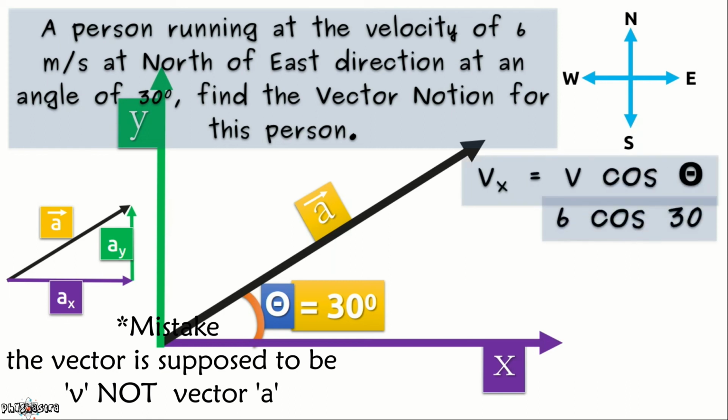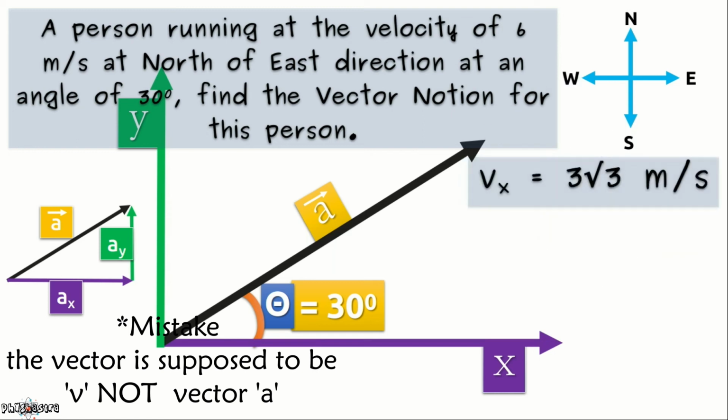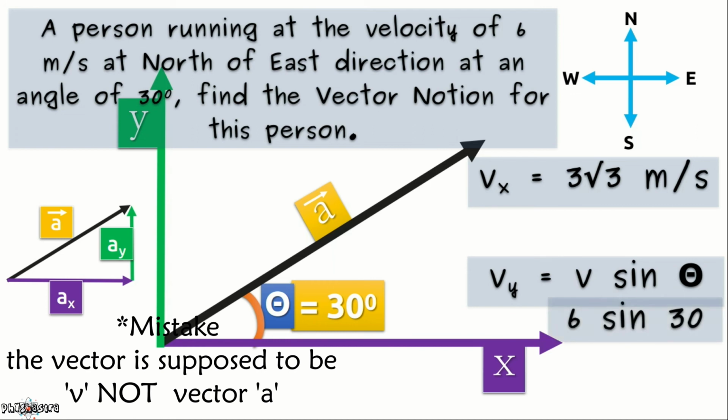The value of v is 6 meters per second and the angle is 30 degrees. Cos 30 is square root of 3 divided by 2, so we get vx as 3 square root of 3 meters per second. Similarly, the y component vy will be v sin theta, so we get 3 meters per second.